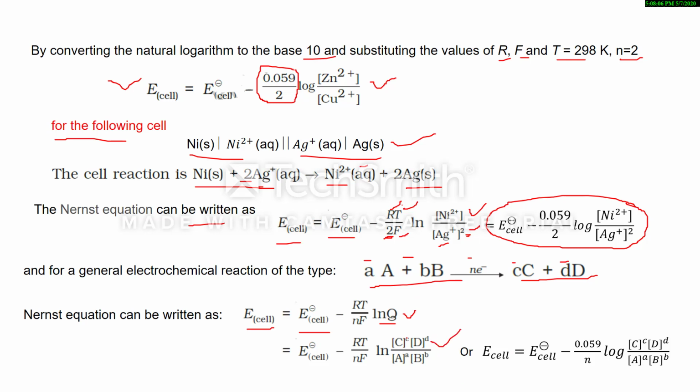It is the product of the concentration of products divided by the concentration of reactants, each concentration term raised to the power equal to its stoichiometric coefficient. And again if we put the value of R, T and F, we will get this 0.059 divided by n and log. Why log? Ln, when we convert into base 10, is multiplied by 2.303.